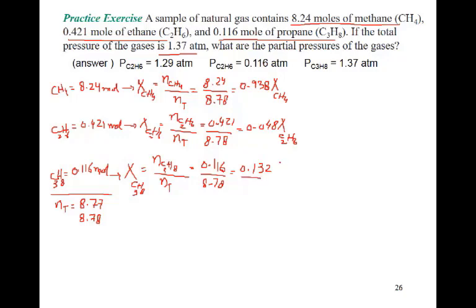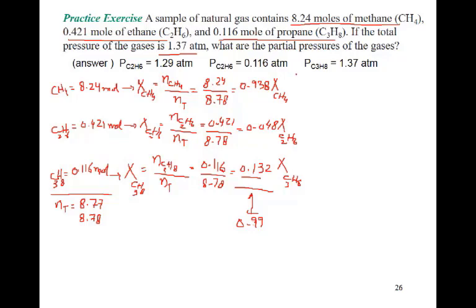So this is the mole fraction of propane C3H8. You make the total of all these, that will be equal to 1, maybe 0.99. That means it is correct.